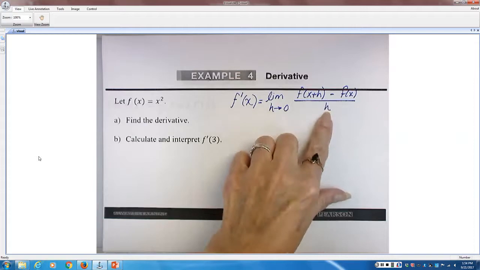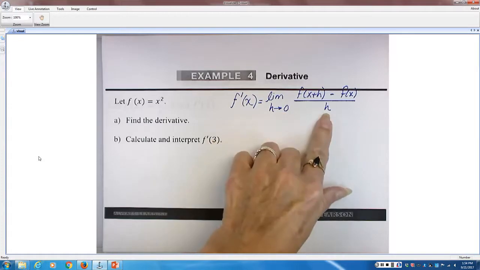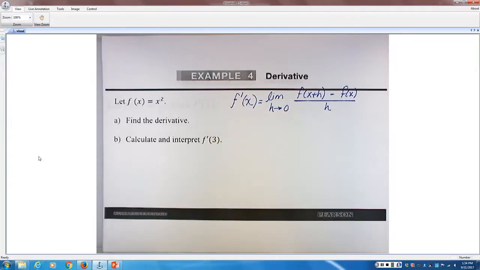And I hope it's obvious to you why h can't be 0. You can let it get really small and approach 0, but you can't let it be 0 because then you're doing something that's a travesty in math. It breaks the cardinal rule. It's a cardinal sin in math. Okay?